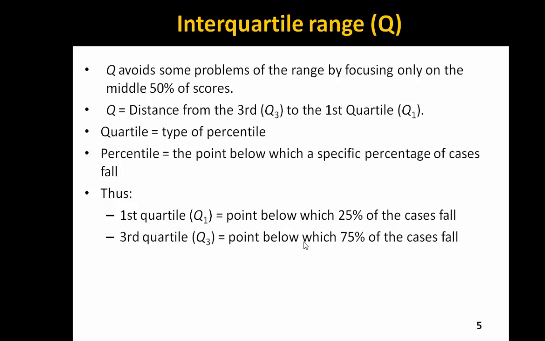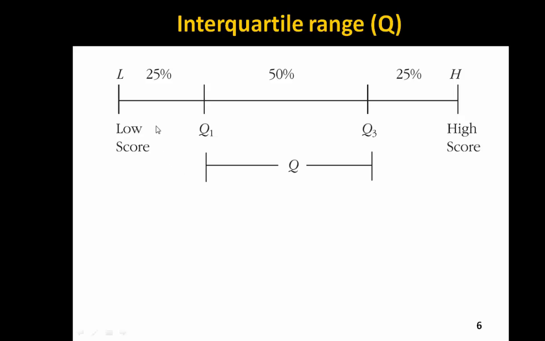In this illustration here on slide 6, what we see is that we have the low score on the left-hand side, so the single lowest score in our sample. We have the single highest score in our sample on the right-hand side, which establishes the range. And we see the data are broken up into quarters here, where we have Q1 referring to the low end. At a value of Q1, we see that 25% of the scores lie below that.